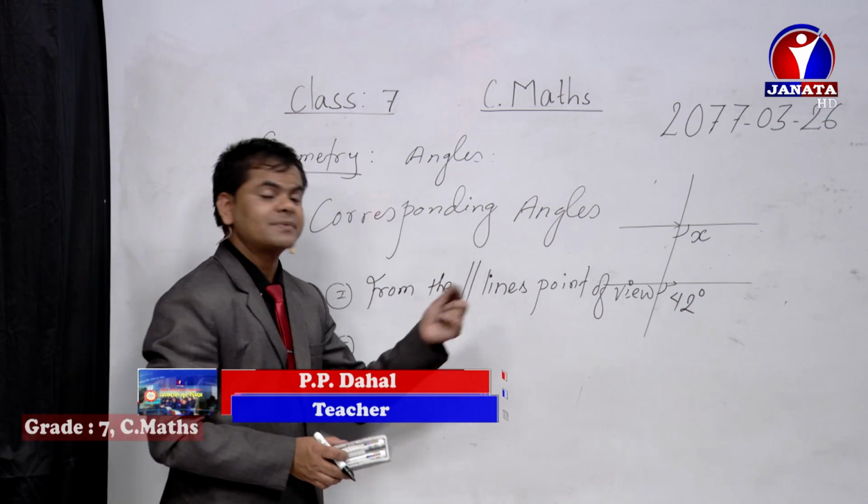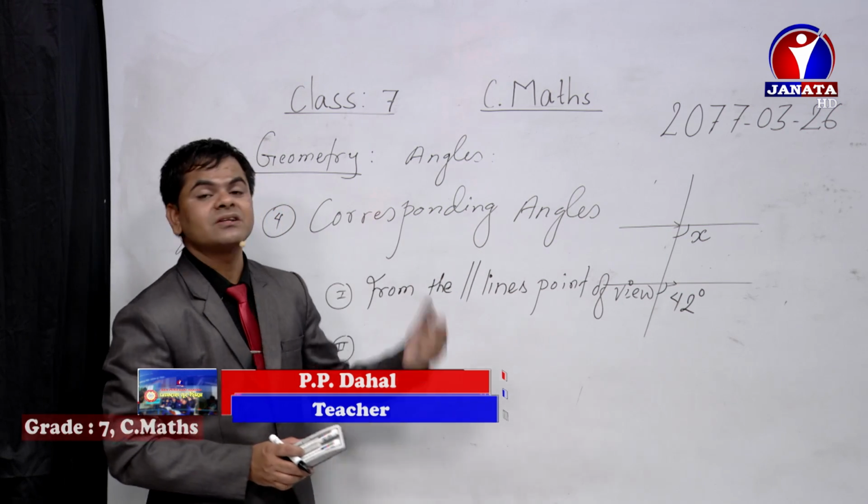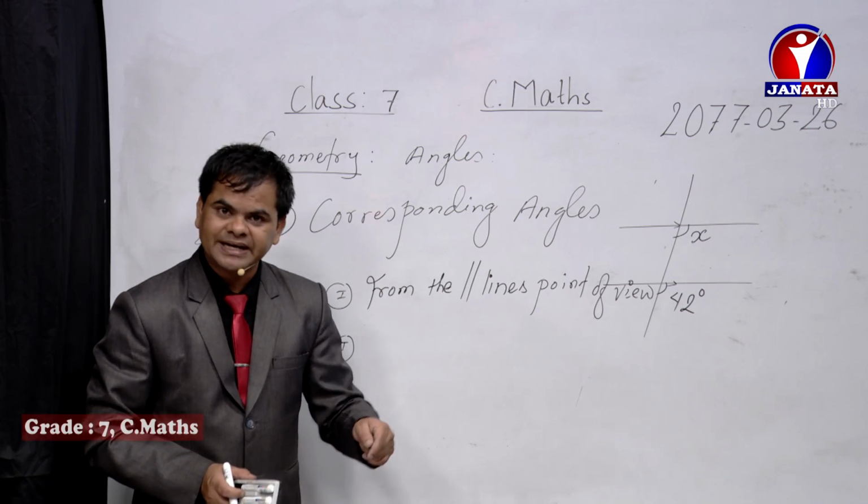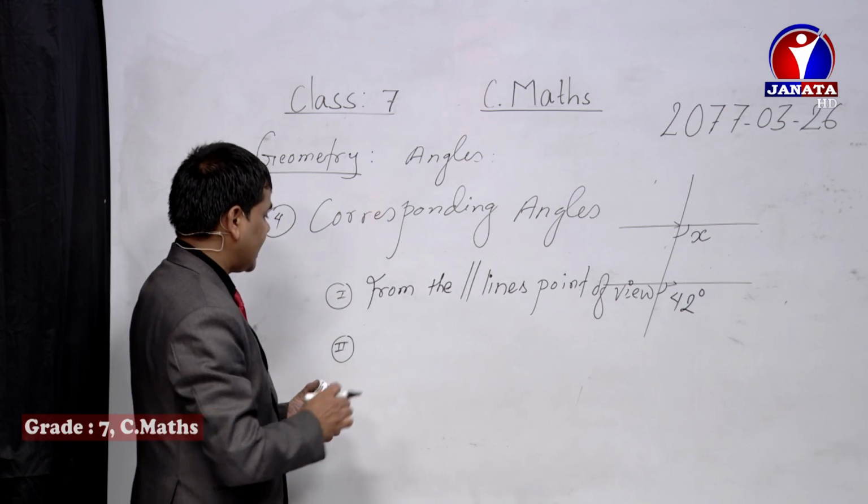That concept should be kept in mind in order to find out what type of angles they are, whether interior alternate angles or exterior alternate angles or corresponding angles or vertically opposite angles and so on.